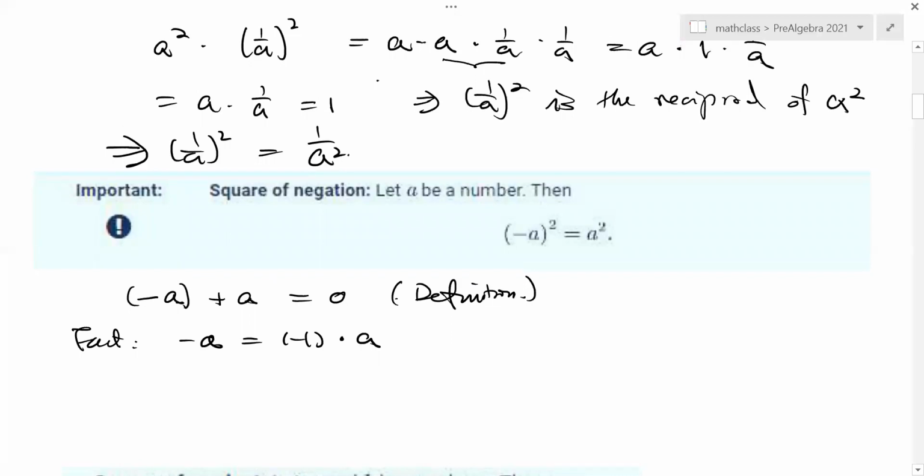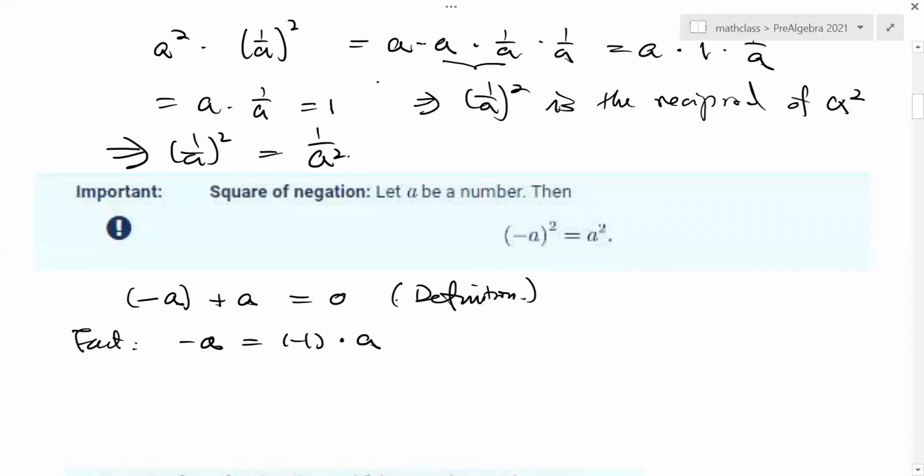I'm not going to prove why this is true, but I'm going to use this fact to prove that negative A squared is A squared.